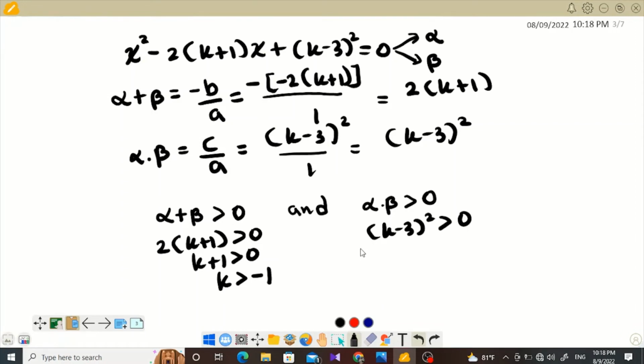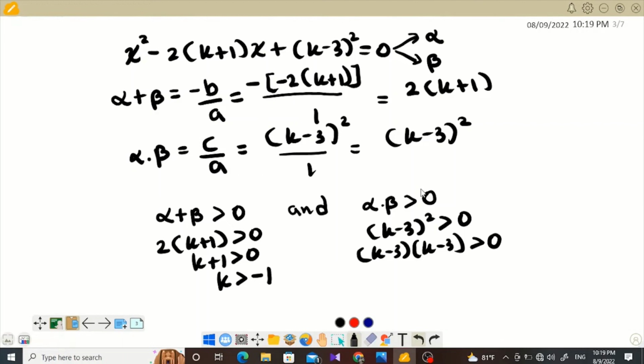I can write (k minus 3) squared as (k minus 3) into (k minus 3). So this is a multiplication of two numbers. If k minus 3 is positive, then the product is positive. Otherwise, if k minus 3 is negative, then the product of these roots is also positive.